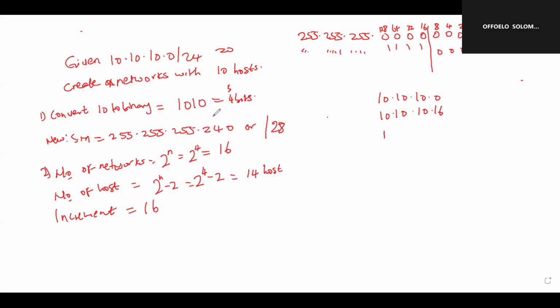We have 10.10.10.32. T1, give me the next one. It's going to be 10.10.10, wait, I need to do a math calculation. 48.